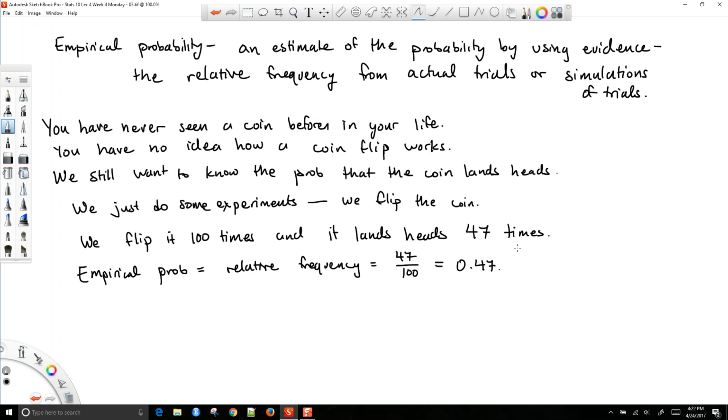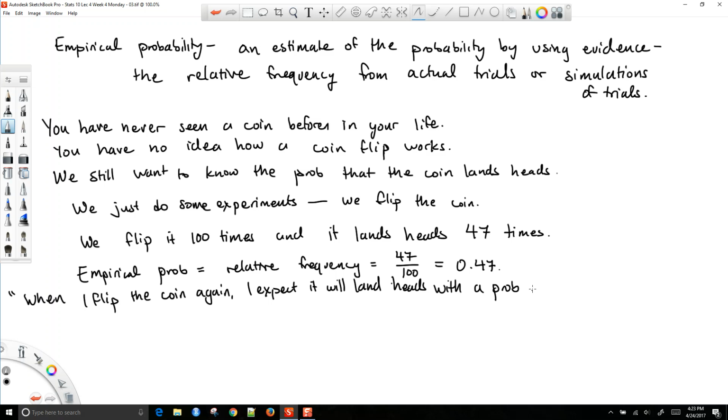Therefore, in the future, if I flip the coin again, I expect it to land heads with a probability close to 0.47. Okay, and that's what we do.